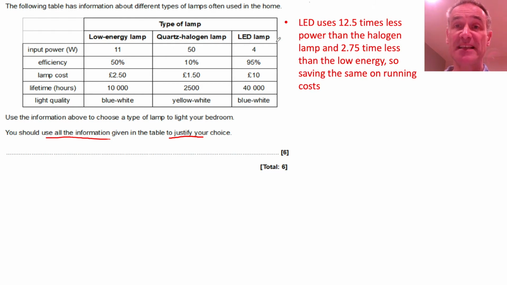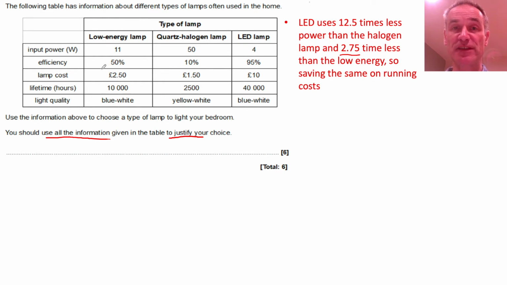So I could say the LED uses 12.5 times less power than the halogen lamp, and 11 divided by 4 is 2.5. So it uses 2.5 times less than the low energy, so saving on running costs. So that's the first one. Remember, you are multiplying or dividing to see how many times.